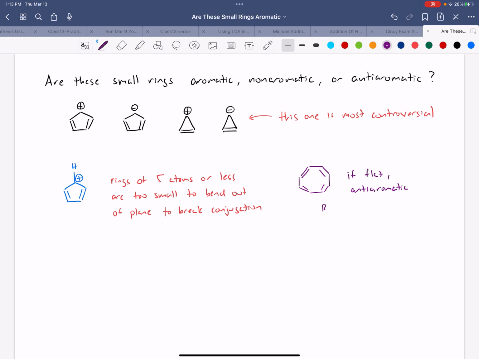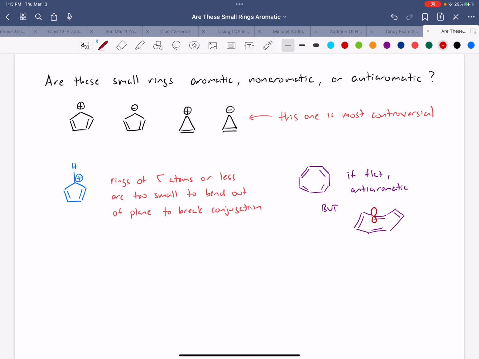So we would think it's antiaromatic because it has 8 pi electrons, and right now it looks flat, but in real life, it will bend out of plane, and one way to draw that is this way. Okay, what that does is that it sufficiently breaks conjugation between the pi bonds, because now our p orbitals are not aligned.